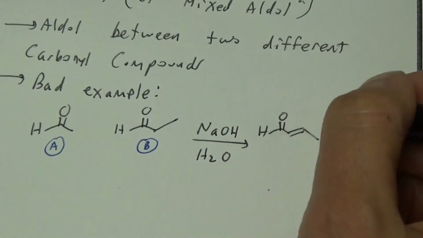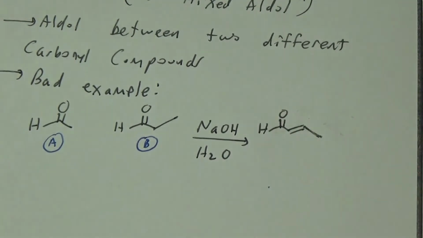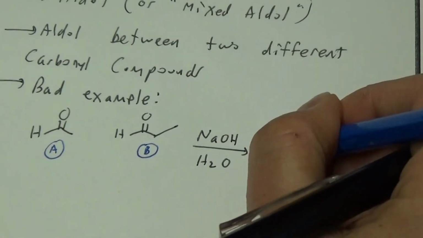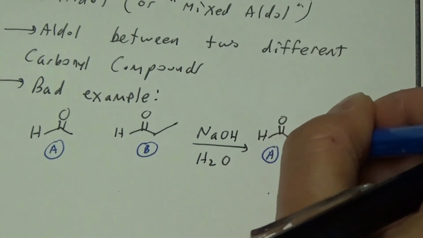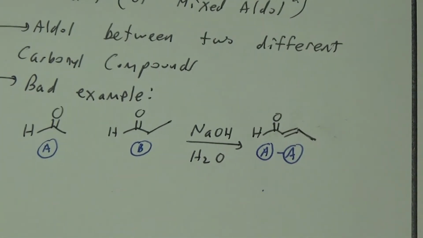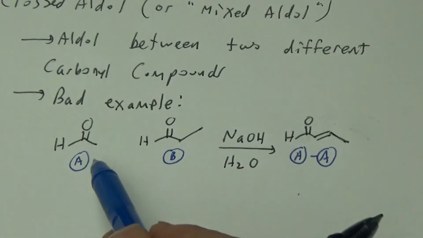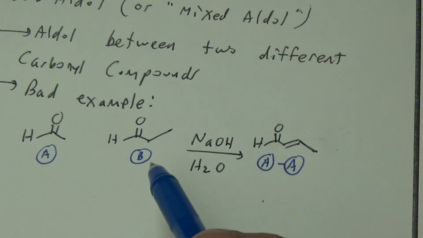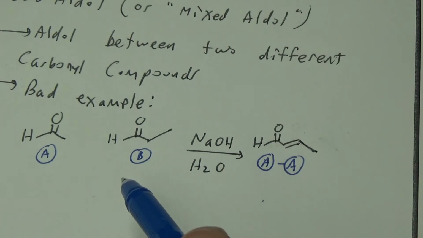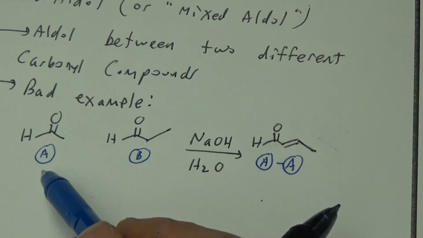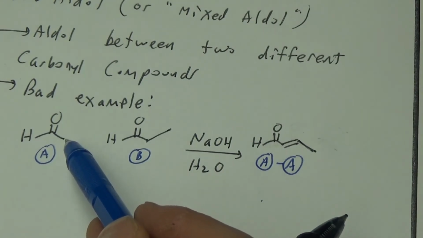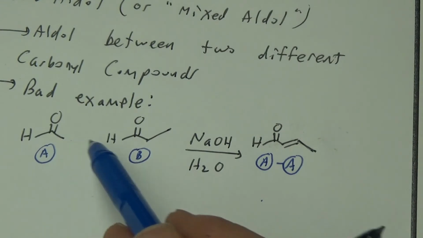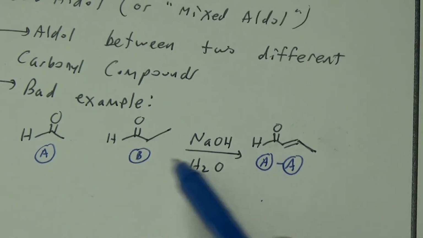One, two, three, four. AA. Alright, so 2 plus 2 is 4, and that's A being a nucleophile and A being an electrophile. What if A is a nucleophile, so meaning the alpha carbon of A is a nucleophile, and it reacts with B as an electrophile?